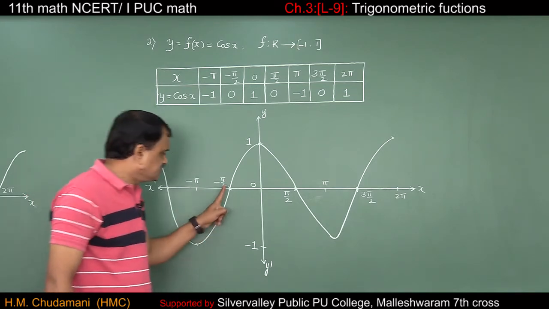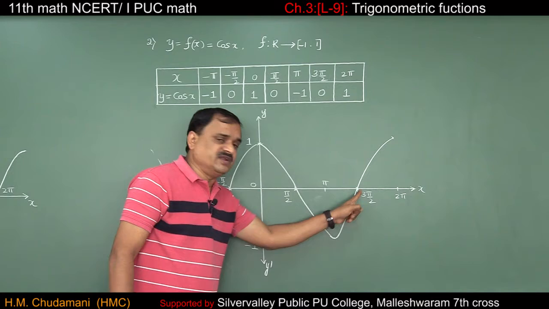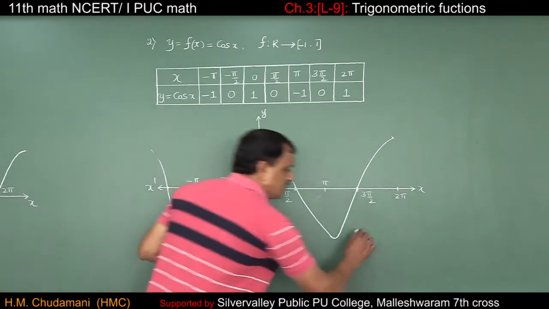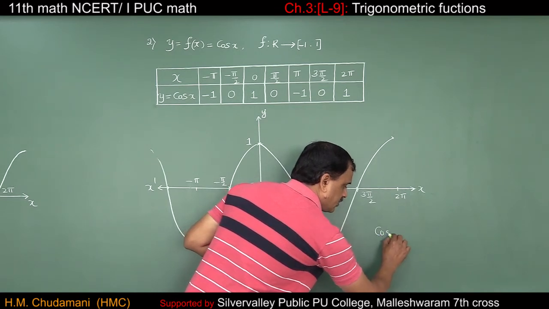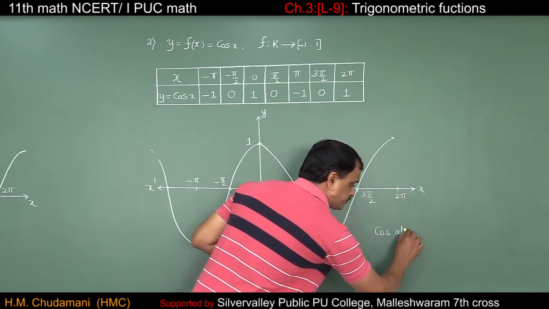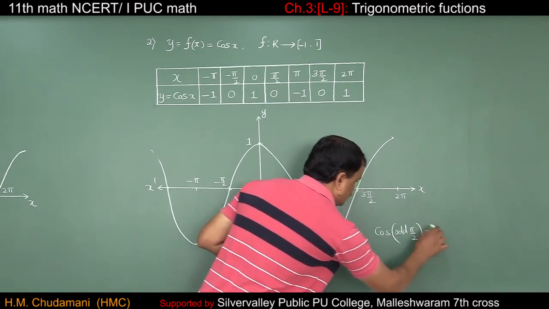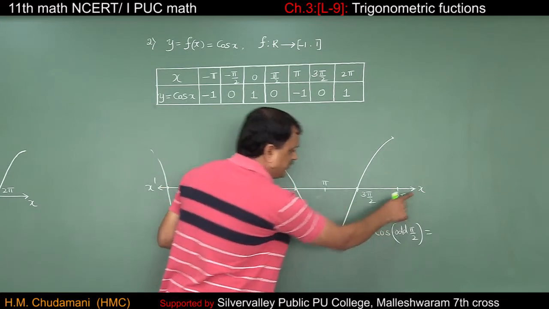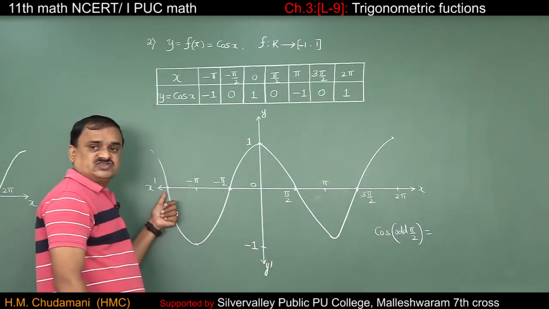Please note that minus pi by 2, 3 pi by 2, 5 pi by 2 and so on. That means cos of odd pi by 2, that is 1 pi by 2, 3 pi by 2, 5 pi by 2, or else minus 1 pi by 2, minus 3 pi by 2.